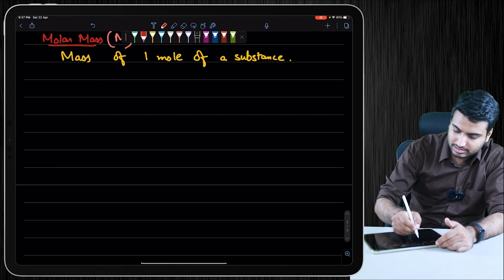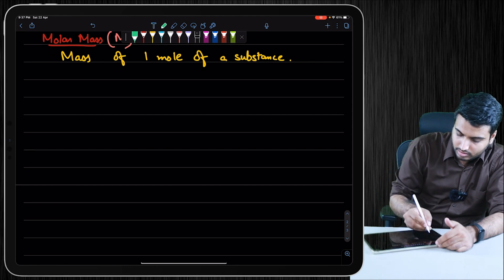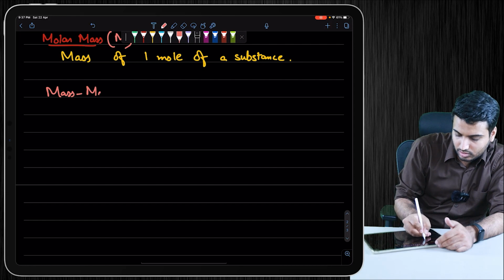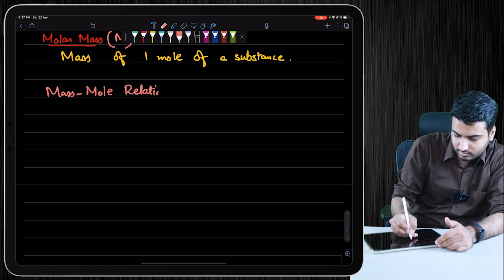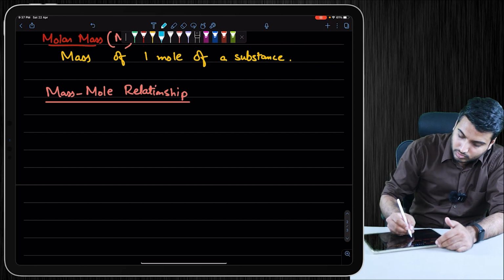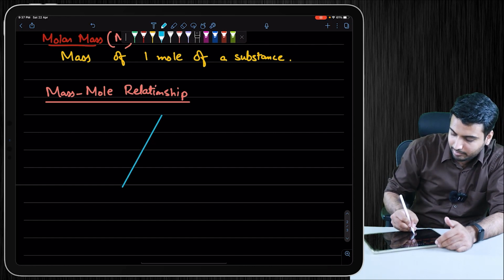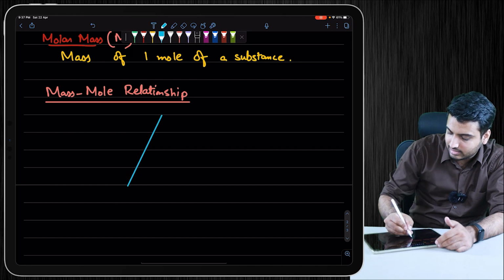So in the mass mole relationship, you need to simply understand this triangle. It will make formulas very easy.